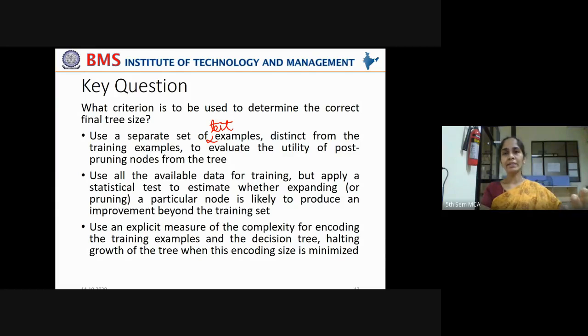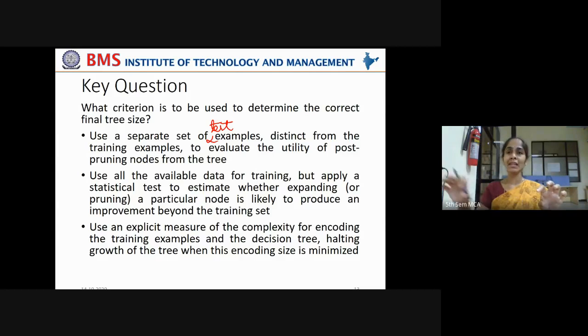When you divide the data set into training set and test set, train your model on the training set and let it build the decision tree. Now start cutting the nodes in the decision tree. Start pruning the nodes. How to make a decision to remove a node?